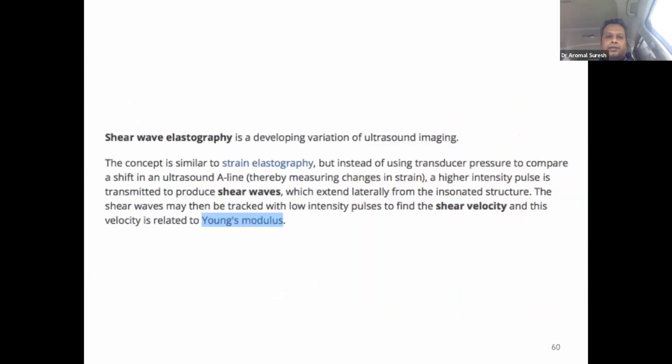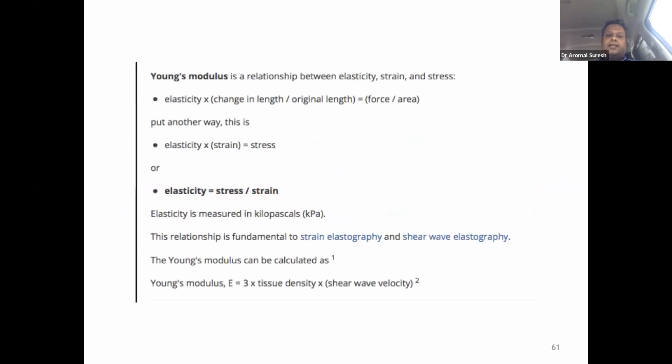And this you should always know. In the concept of shear wave elastography, instead of using transducer pressure, there's a shift of the ultrasound A-line. A higher intensity pulse is transmitted to produce shear waves, which extend laterally from the insonated surface. Shear waves may be tracked with a lower intensity pulse to find the shear wave speed. It is basically using Young's modulus.